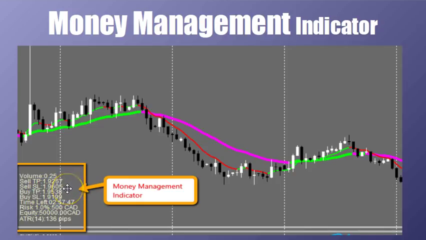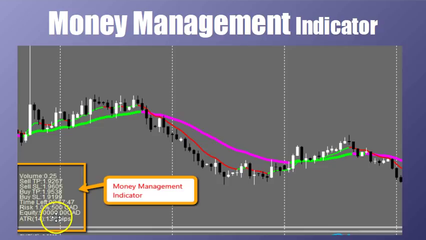If you're taking a sell trade, the sell take profit, your initial first profit target level, is 1.9267. Okay, I'm risking 1%, so I'm limited to trading a maximum of $500.